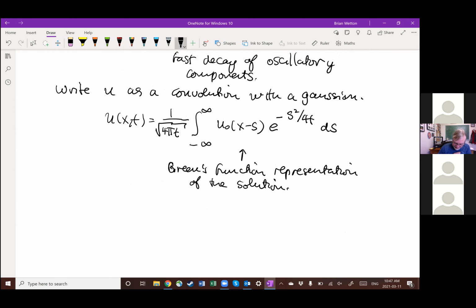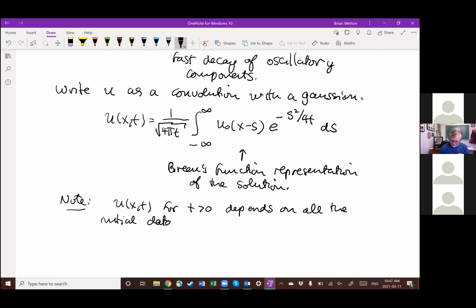Okay, so let's make some notes though. This is where we get the global dependence, which we've seen before in different contexts. So let me just say that U of x and t, for t past the initial point, depends on all the initial data, right?